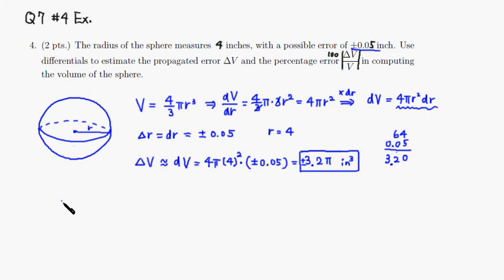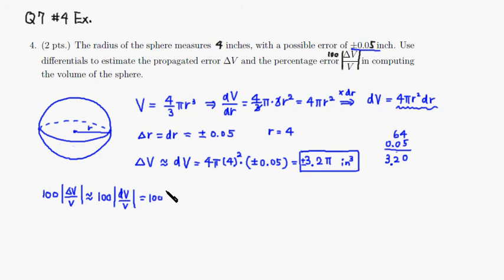Then we want to estimate the percentage error, which is 100 times the absolute value of delta V over V. This can be approximated by 100 times the absolute value of dV over V. Let's simplify the formula before we plug in.